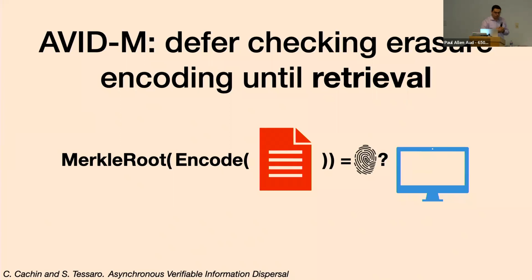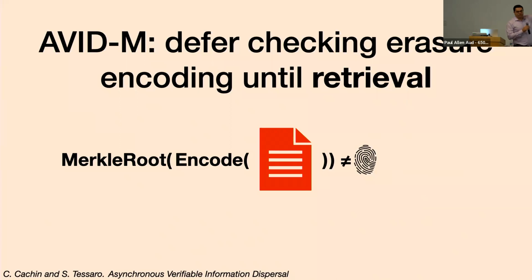If this is correct, then they know that actually that Merkle root corresponds to a consistent set of chunks. So every other node that retrieves any large enough subset of the chunks and does the decoding will arrive at the same answer. And if they find that the Merkle root doesn't match what was committed, they know that this was an incorrectly encoded block, and they can just ignore it.